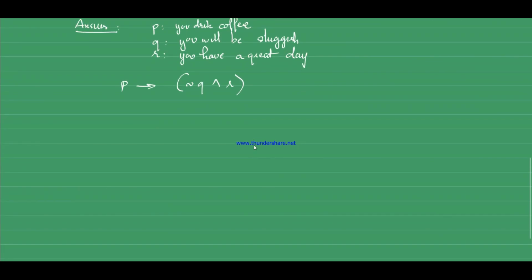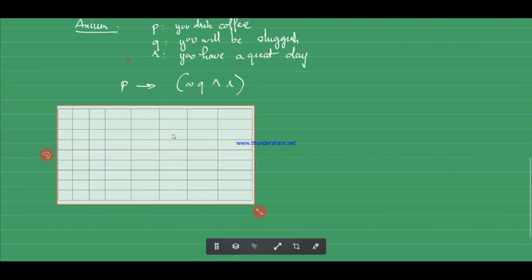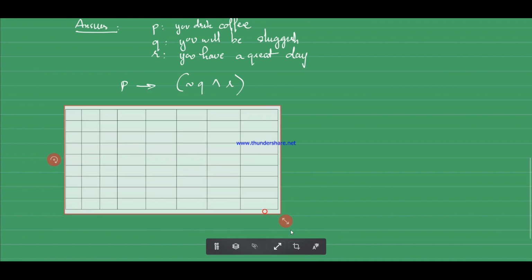Okay, so let's see, we can put it on the truth table. We have three simple statements over here.